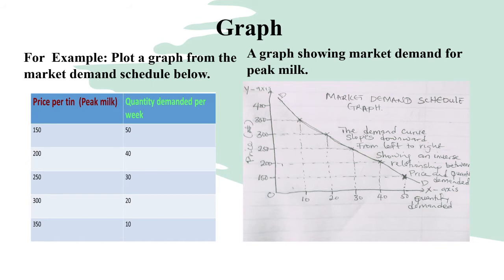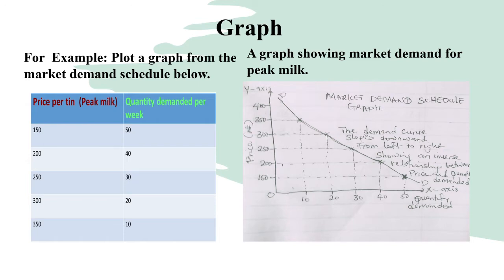So from the graph we can see that there is an inverse relationship between the price and quantity of goods demanded, because when the price of pig milk is high, the quantity demanded is low, and when the price of pig milk is low, the quantity demanded is high. So there is an inverse relationship between price and quantity demanded.